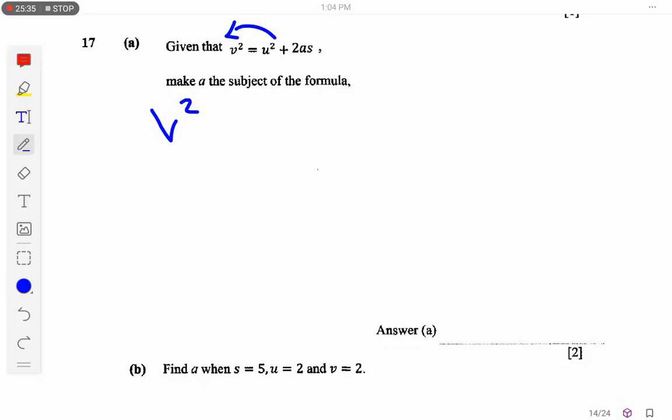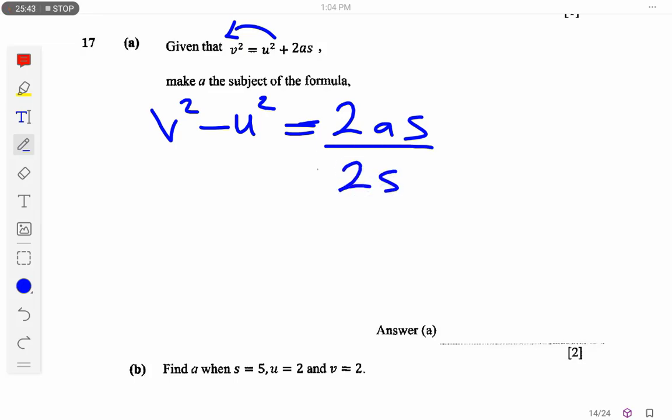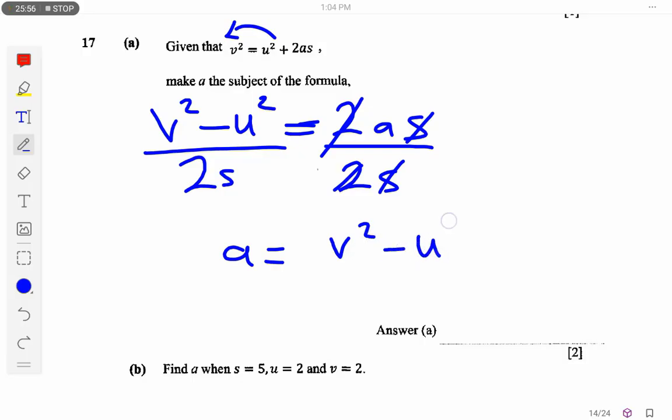So I have v squared minus u squared is equal to 2as. Now I can divide by 2 and s to get my a. What I divide on the left side, I also divide on the right side. Then these will cancel off each other. So our a is equal to v squared minus u squared over 2s.